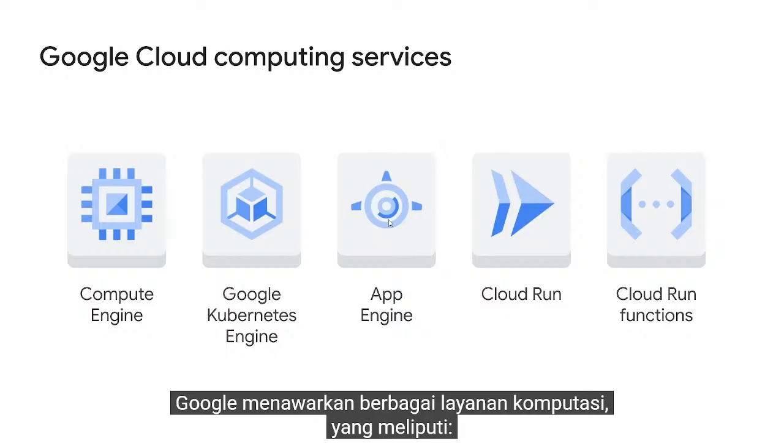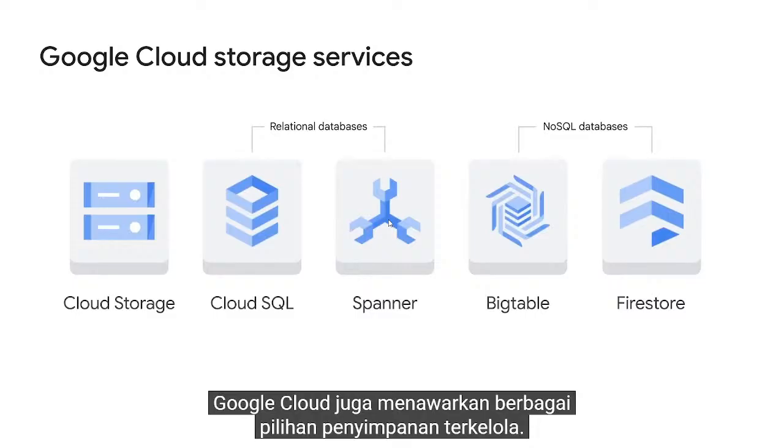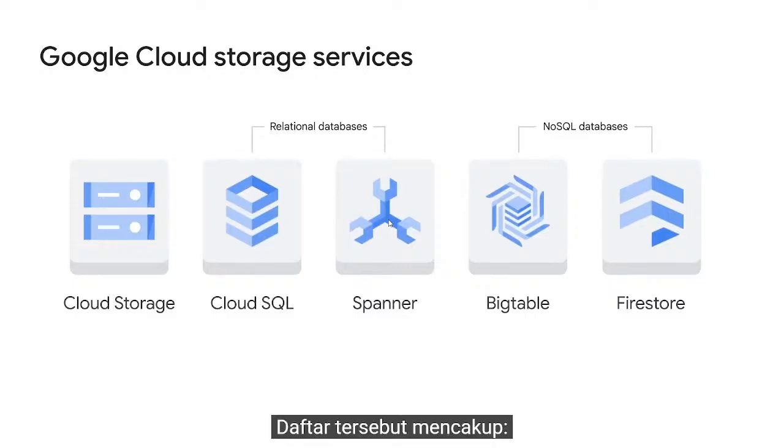Google offers a range of computing services, which includes Compute Engine, Google Kubernetes Engine, App Engine, Cloud Run, and Cloud Run functions. Google Cloud also offers a variety of managed storage options. The list includes Cloud Storage, Cloud SQL, Spanner, Bigtable, and Firestore.